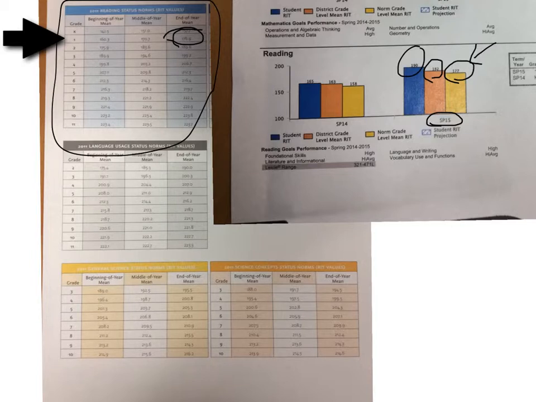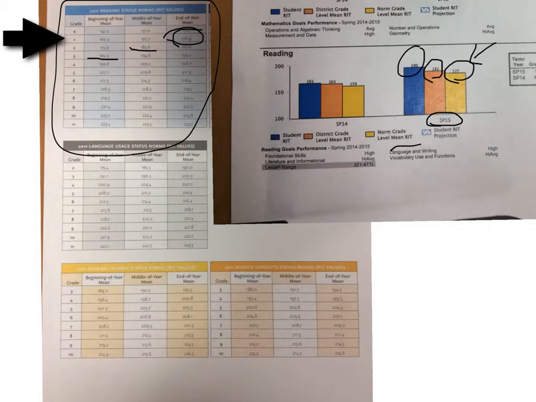That would be just shy of middle of the year here for second grade, which is 183.6, very close. And then this student's score of 190 would actually place him or her at the beginning of the year for third grade. So they are an end of the year first grade student scoring at a beginning of the year third grade place in reading.